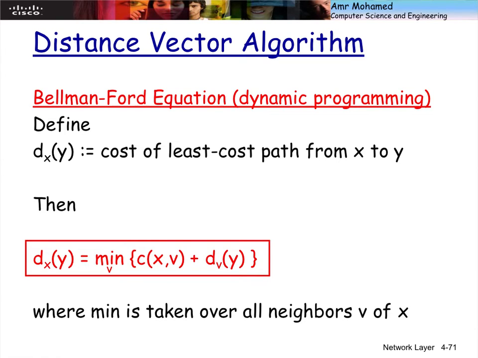Okay? Now there are two things here. The first thing: this distance, how would I know that this is actually the minimum? This distance to y is the minimum only if this distance between v and y is the minimum. Right? But do I guarantee that this distance between v and y is minimum?